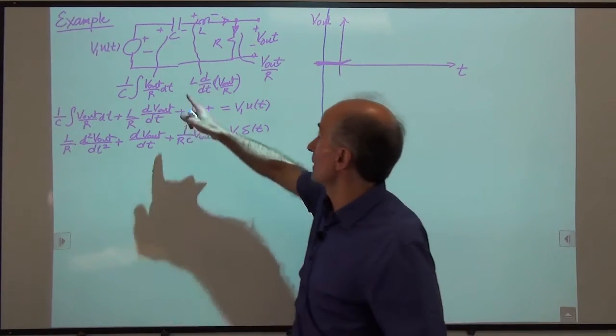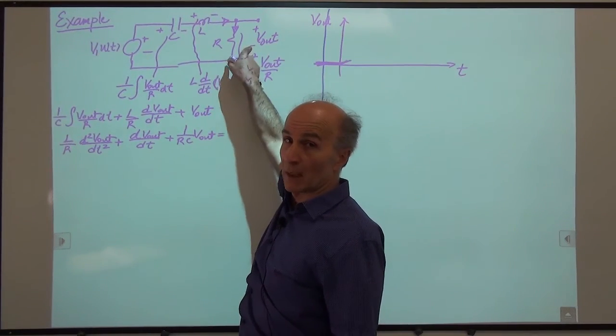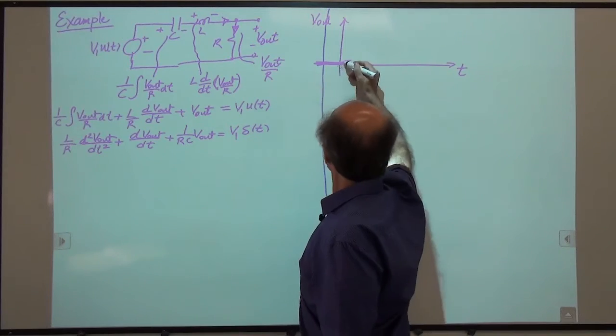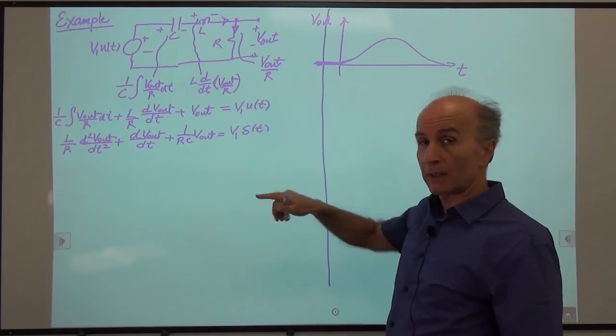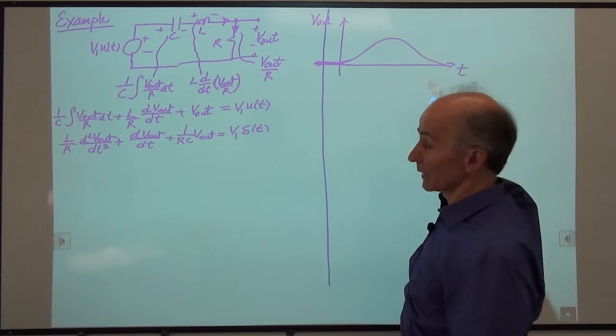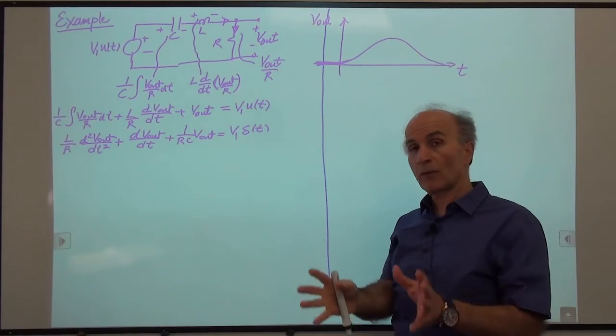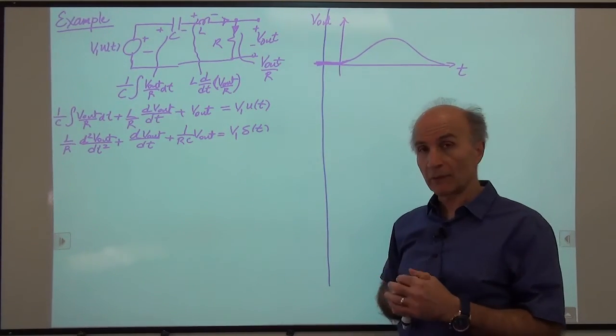If the current to the capacitor is 0, then the current to the resistor is 0, which means the output is also 0. So this has to go back to 0. And again, depending on the dynamics of the circuit, it might go like this, or it might just go like that. So that's the overall picture that we have of V out before we go and try to derive it.